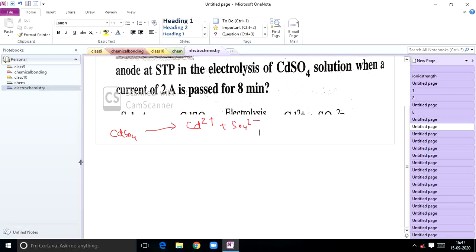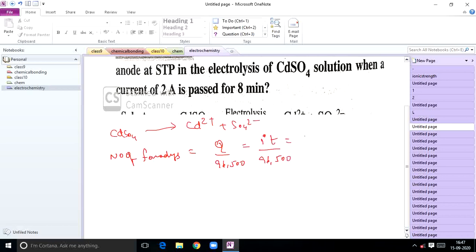Now number of Faradays, what is the formula? Number of Faradays is equal to Q by 96,500, that is equal to I into T by 96,500.